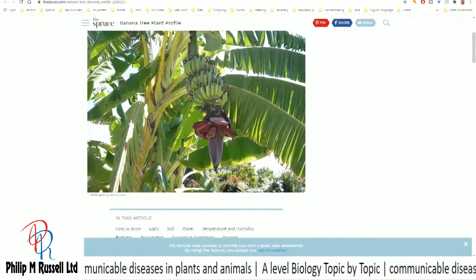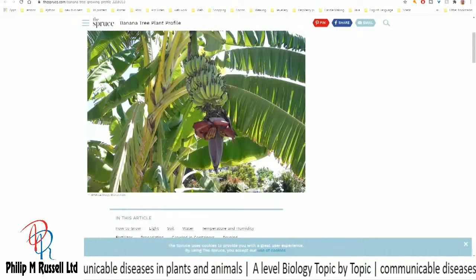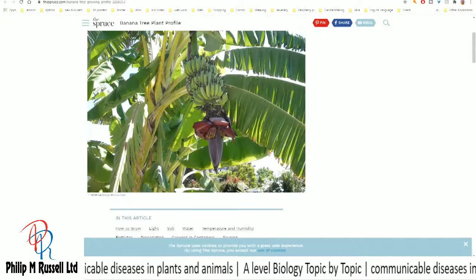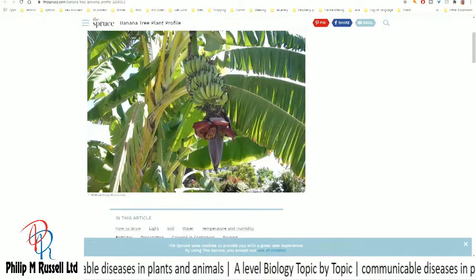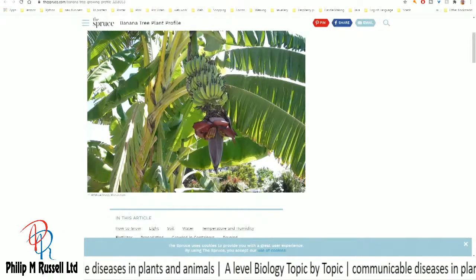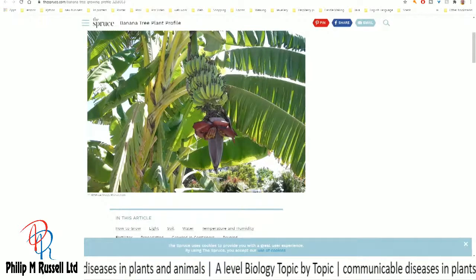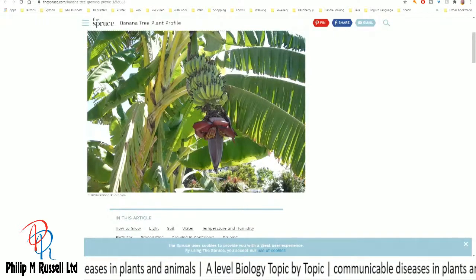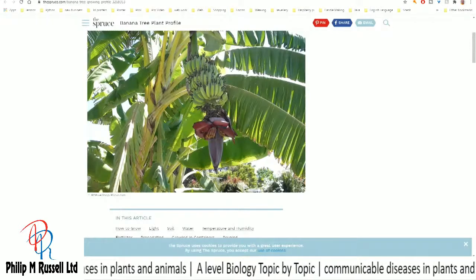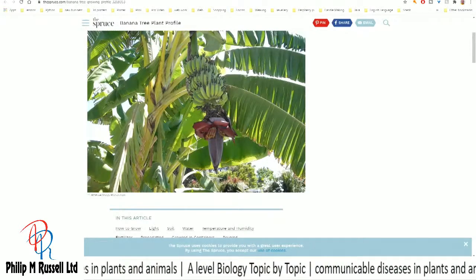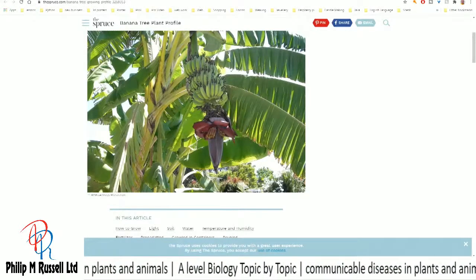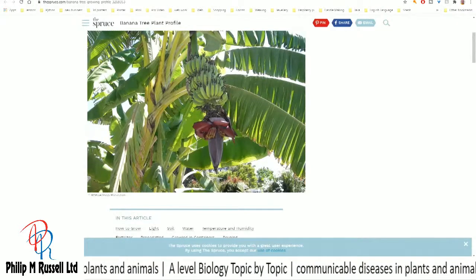In places like East Africa, bananas are a staple food, but most of them are cultivated on small farms, and they are then exported to the Western supermarkets.